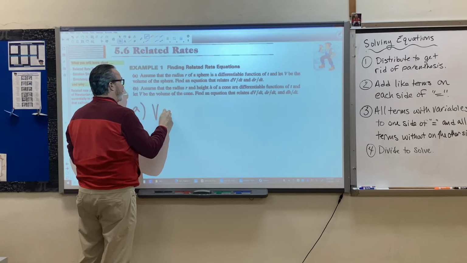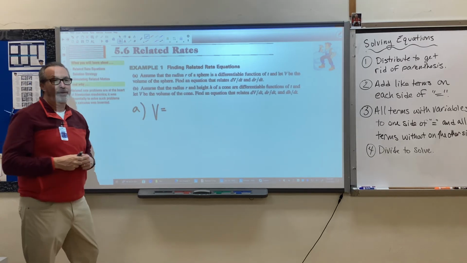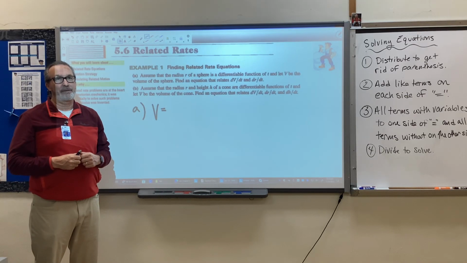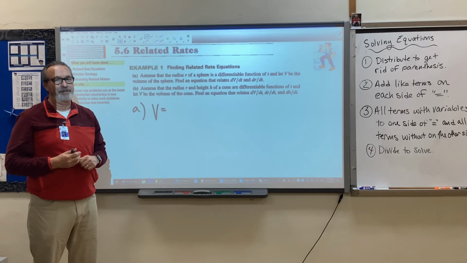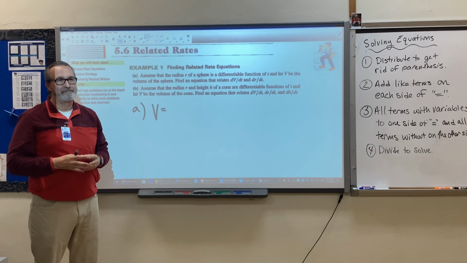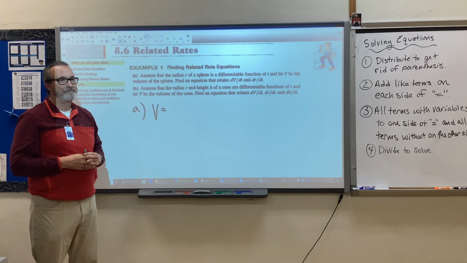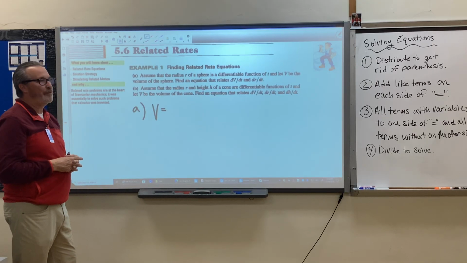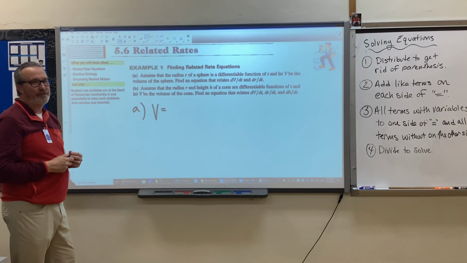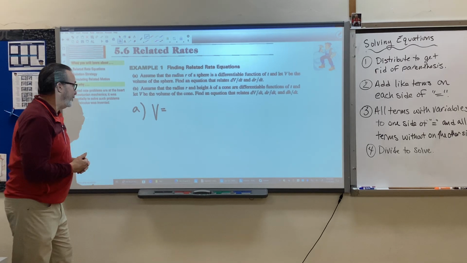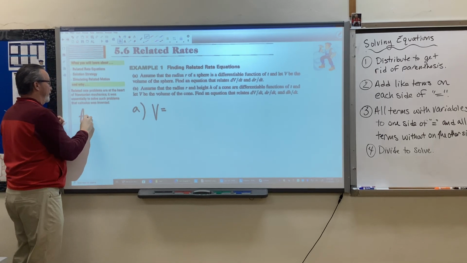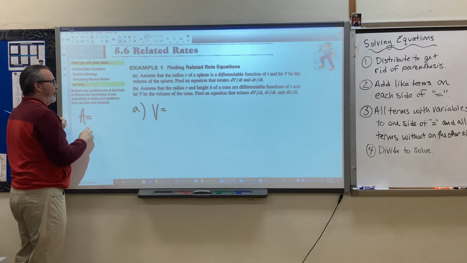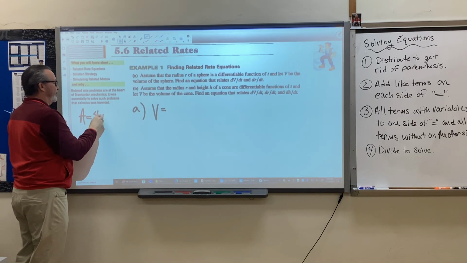I don't know if you knew this, but the derivative of the volume of the sphere is the surface area of the sphere. The surface area of the sphere is 4 pi r squared.